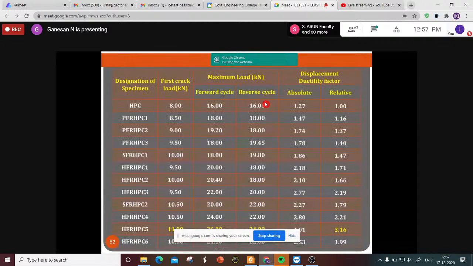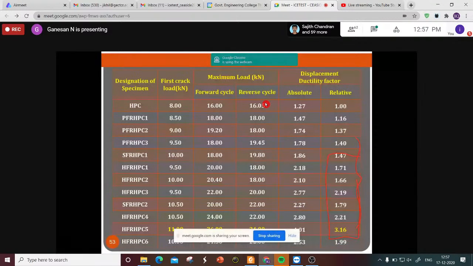This gives a tabular form, which gives the type of loading applied, forward cycle, reverse cycle, absolute displacement ductility factor, and relative ductility factor. And when you use this HPFRCC, the relative ductility factor goes up. The first crack load also shows improvement.